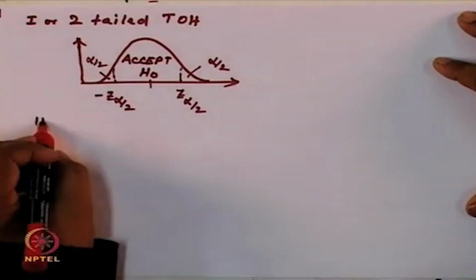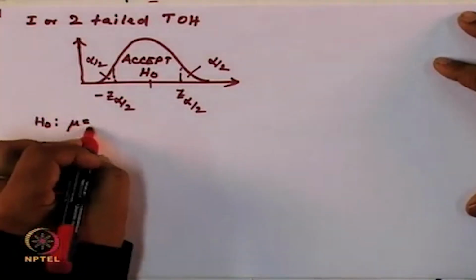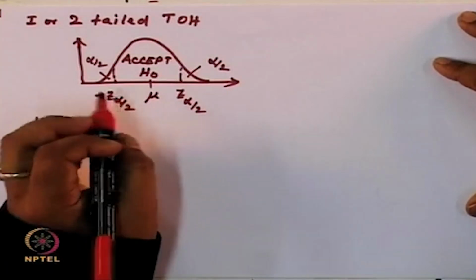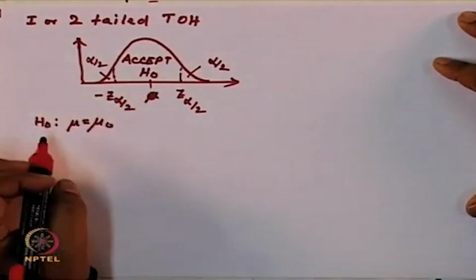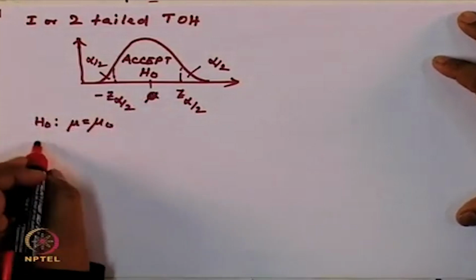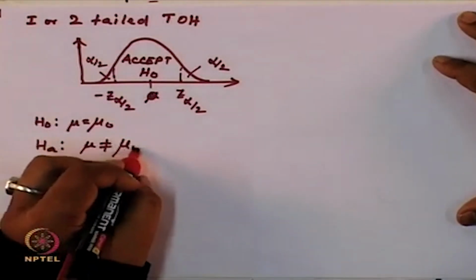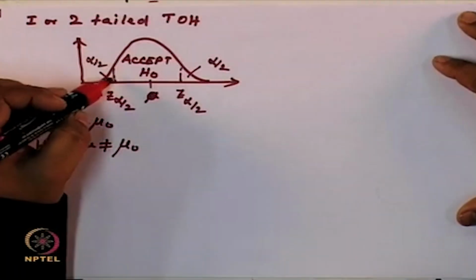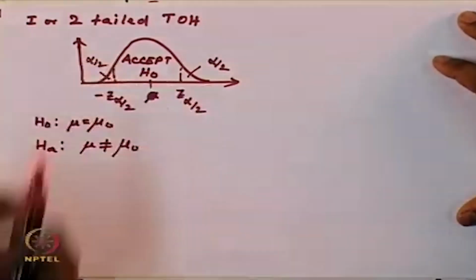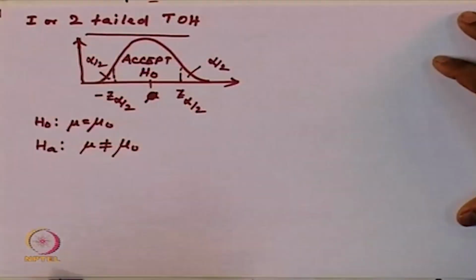Let us say your H naught is mu equal to mu naught. Then this value becomes 0 after you normalize for a standard normal variable. And your alternative hypothesis H A is mu not equal to mu naught. So, that is why you consider both the tails, the left tail and the right tail, and that is why it is called a two-tailed test of hypothesis.